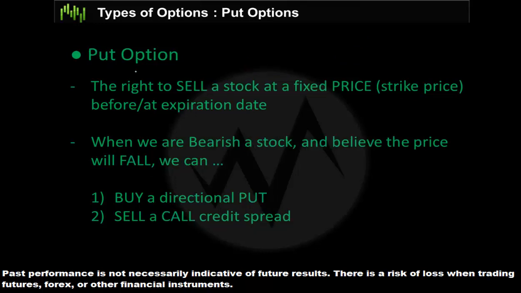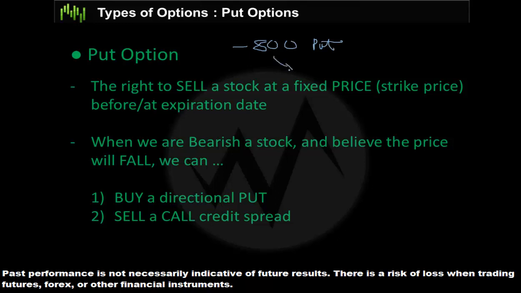The next is a put option. A put option is the right to sell a stock at a fixed price before or at the expiration date. Again, we're going to use Amazon. Amazon is trading at 450. Okay, let's do a different number. It's 800. Okay, you believe the value of Amazon is going to go down, so you buy a put for 800.